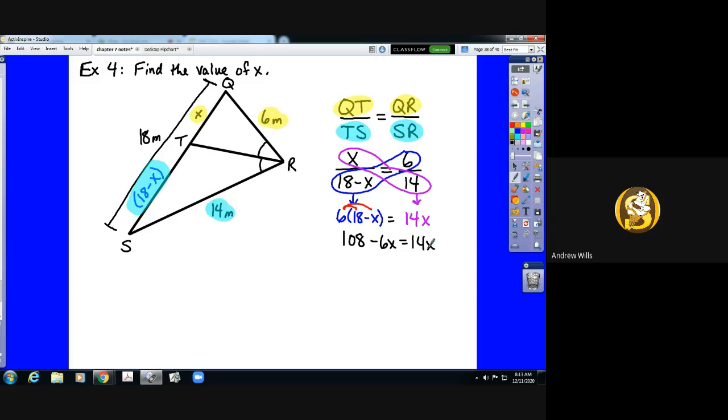Better check and make sure my sleep-deprived brain did not screw that up. It did not. Very good. Then add 6x to each side, which would give us 108 equals 20x, and then divide by 20, which is not going to be an even number.